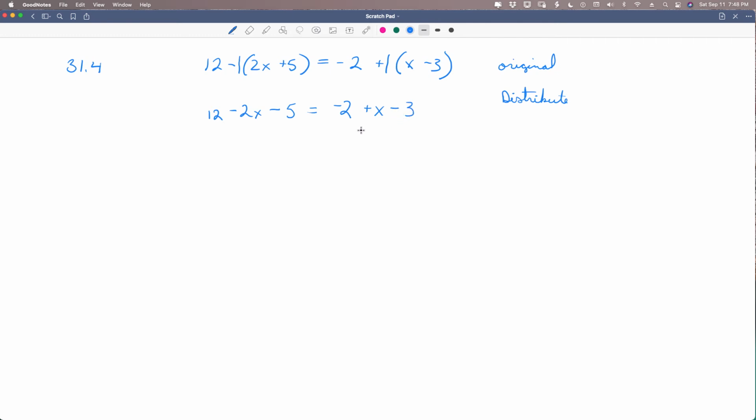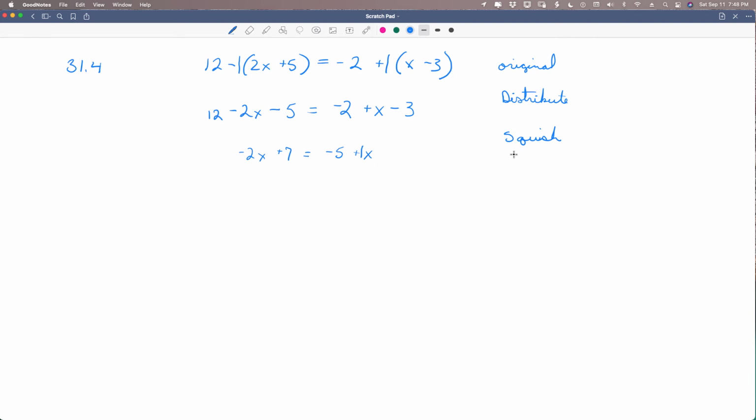Okay, so we distributed. Now we're going to do our squish, which is the same thing as adding like terms. So this becomes negative 2x plus 7, and this becomes negative 5 plus x. All right, I'm going to drop that 1 in there just for the sake of easier math.